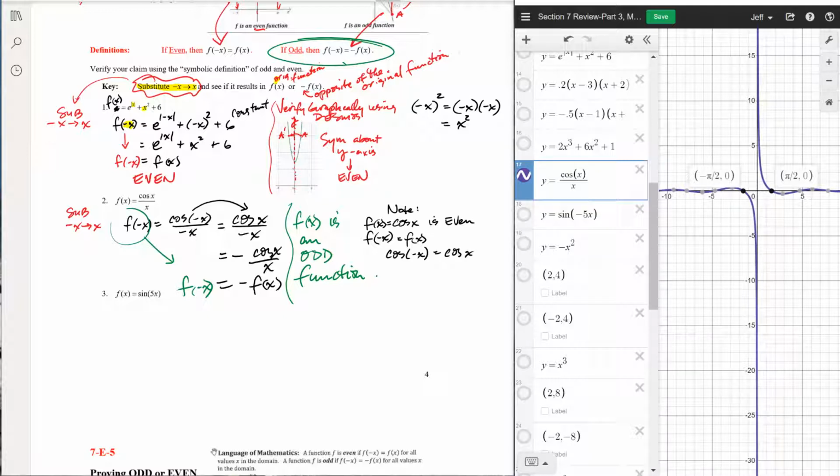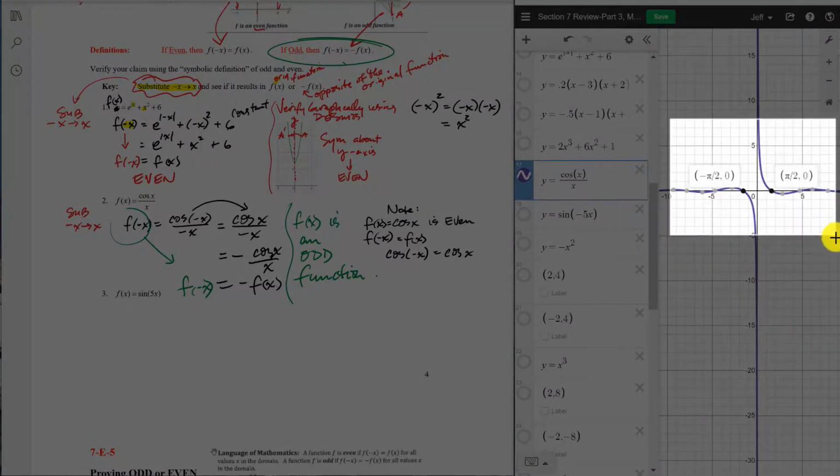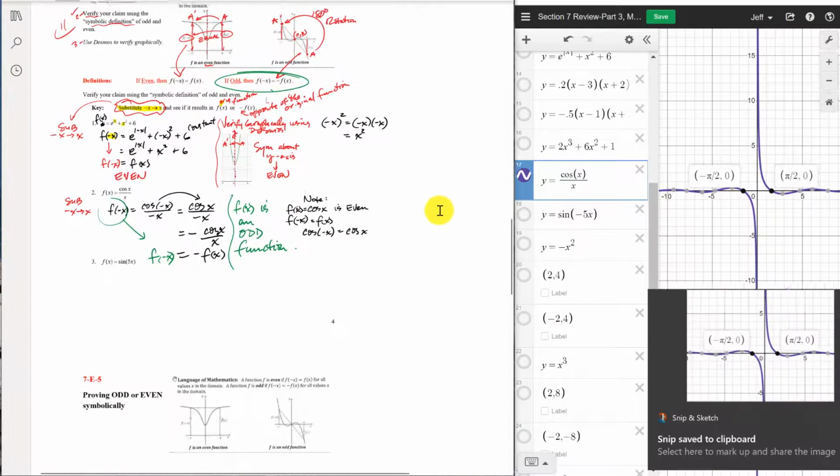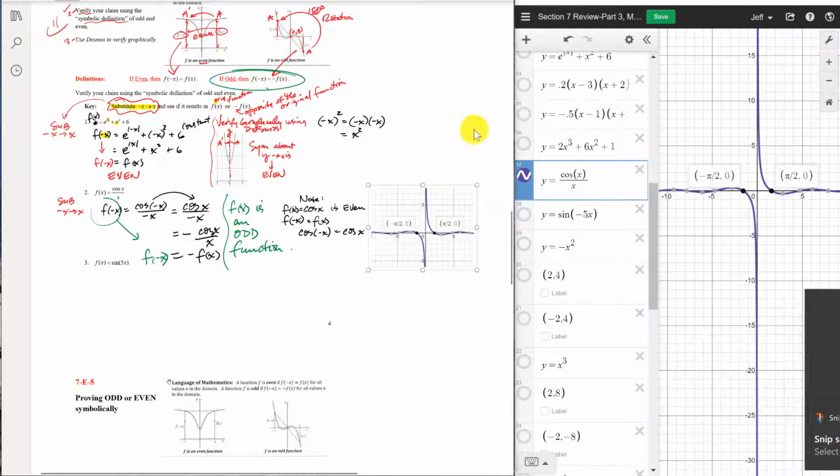So pi halves comma 0, if you rotate it 180 degrees, will end up over here at negative pi halves comma 0. So as a graph, it definitely is odd, because it has rotational symmetry about the origin. Let me grab this one here and bring it in. There you go. So that's what it looks like, basically.